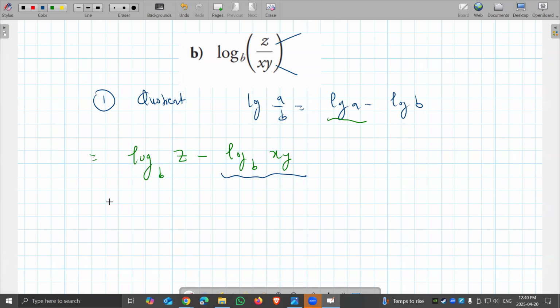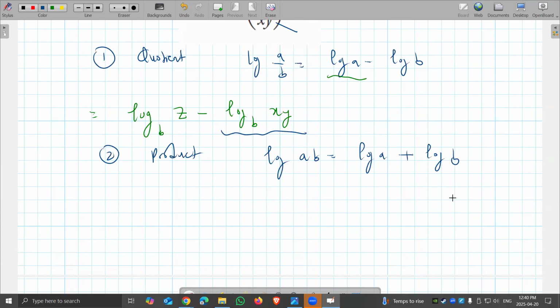I'm going to use the product rule, which says log of AB is log A plus log B, right? So now look at this.